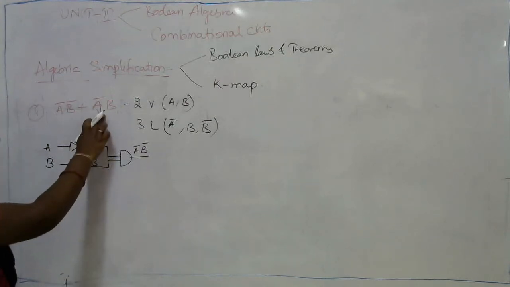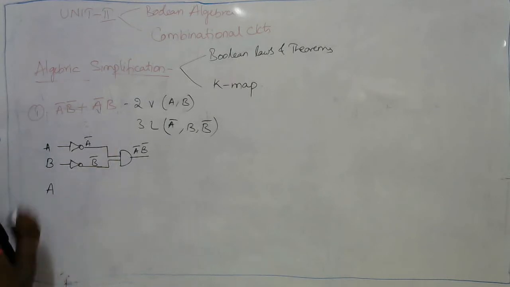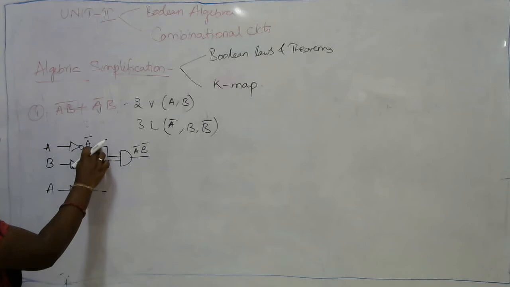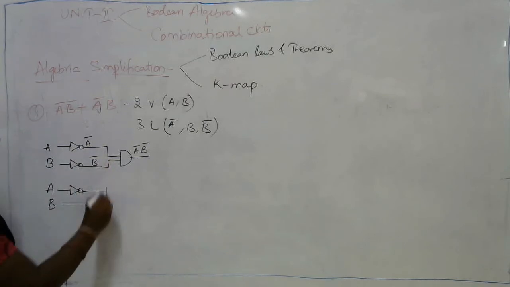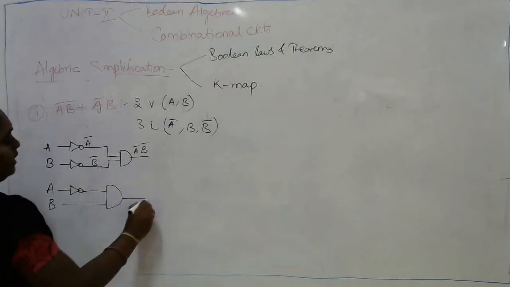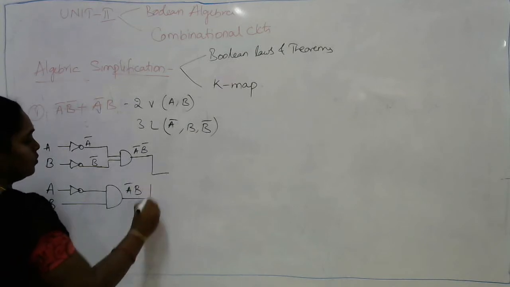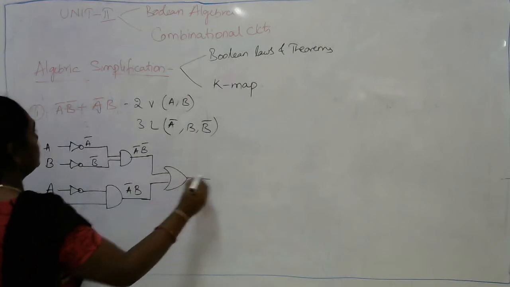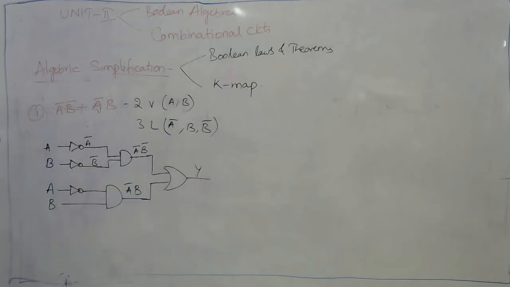Similarly, the second term is A bar B, so I use A followed by a NOT gate, or you can connect directly from A bar, and B, again connected with an AND gate, which is equivalent to A bar B. These two are connected with a plus symbol, that is, an OR gate. So this is the logic diagram for the given expression.